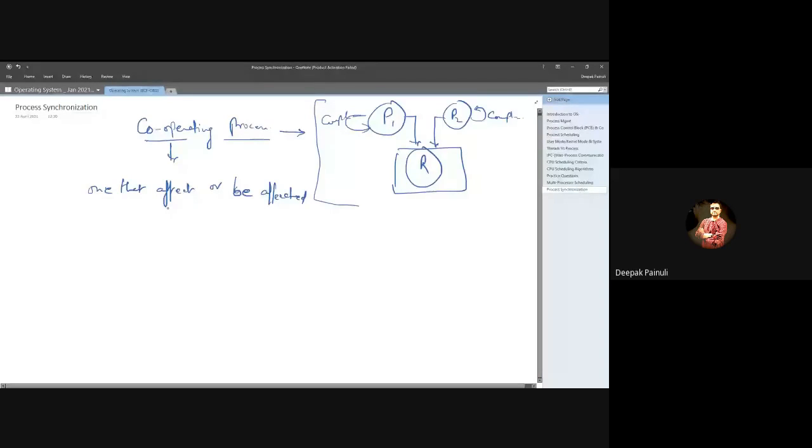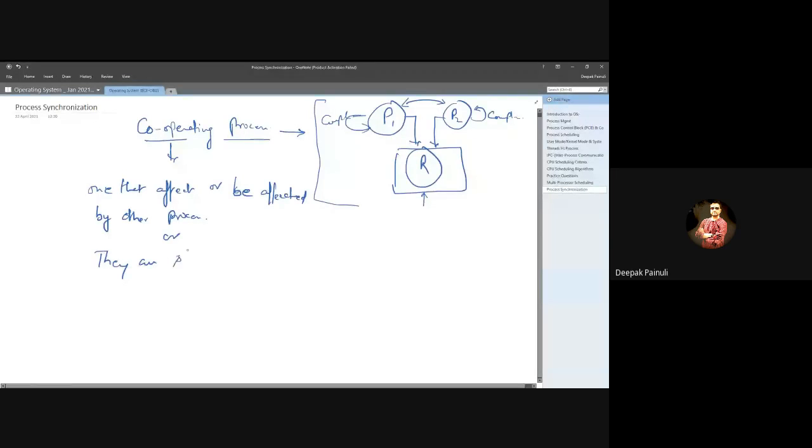If we are saying P1 and P2 are cooperating processes, that means they are both affected by each other, by the activity of each other. That means they have a dependency among each other's activity. Here the dependency lies on resource R.